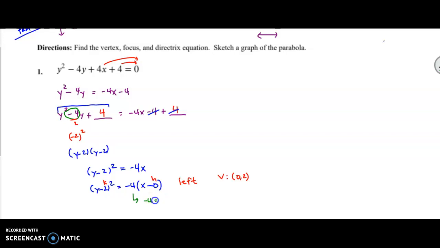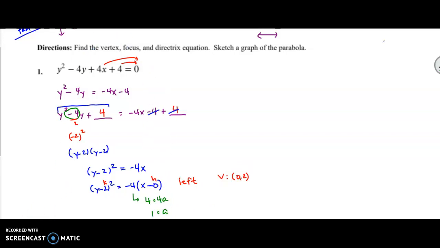I'm going to drop the negative for now, because the negative really just tells us that it opens left. The a value is the absolute value, so the 4 is a representation of 4a, which means that a is going to equal 1. That's really important because if the vertex is at 0, 2, we need the a value to figure out where everything else is.